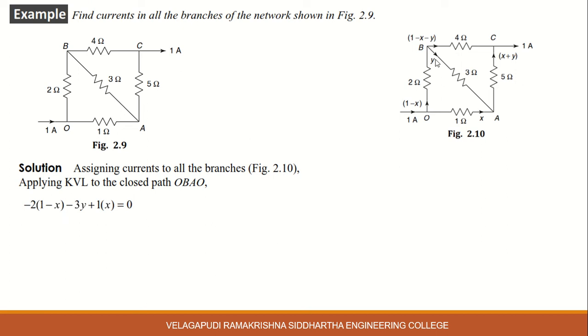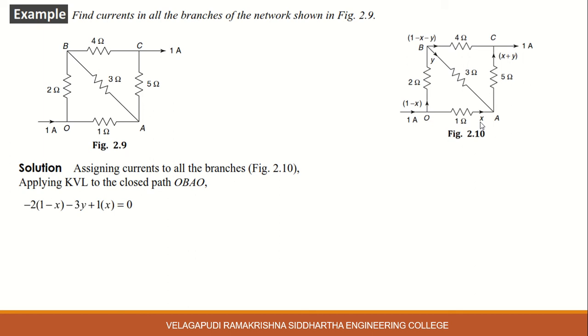Again B to A, the current through the 3 ohm resistor is Y. Here also plus to minus, falling potential, so minus 3 into Y.